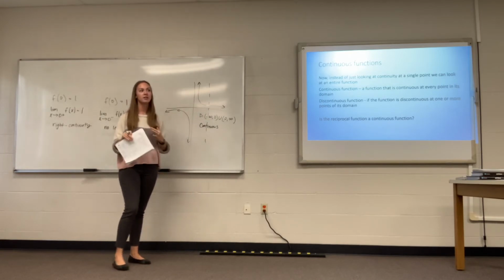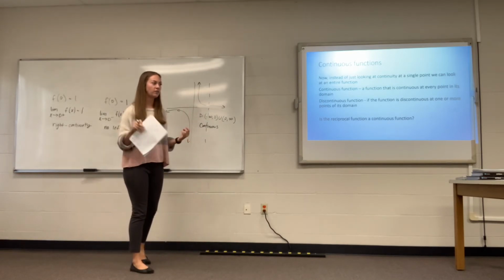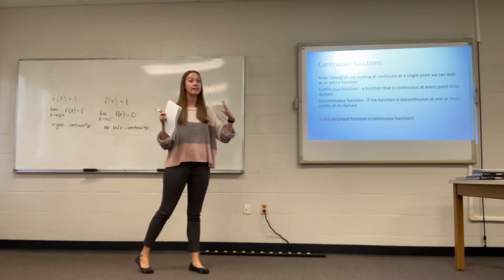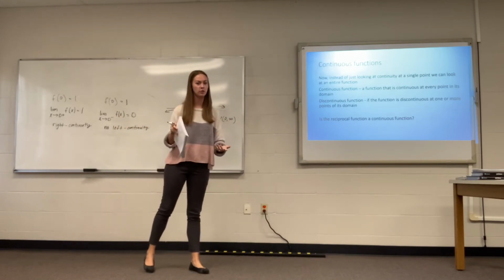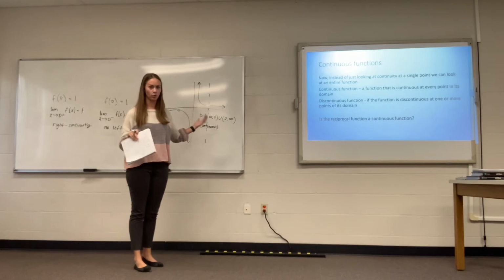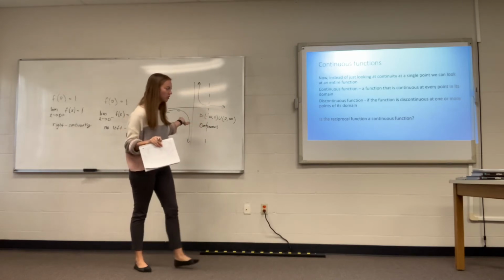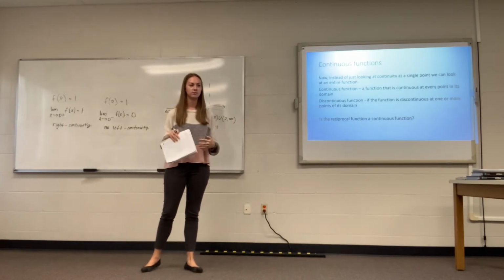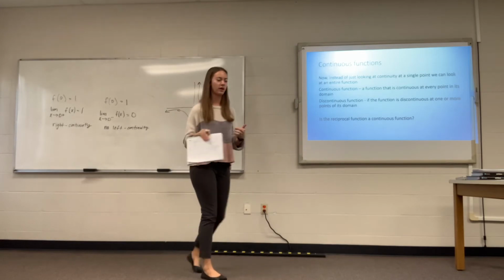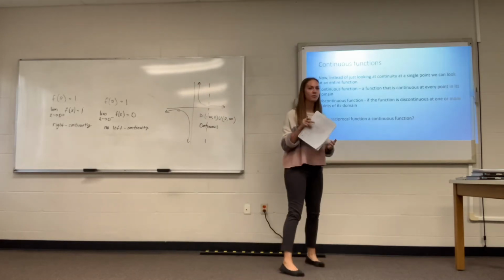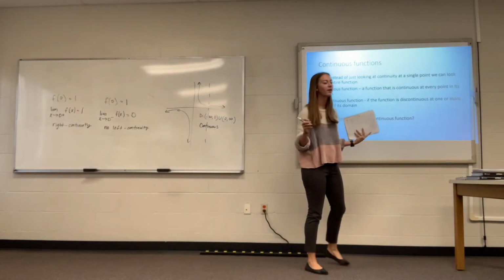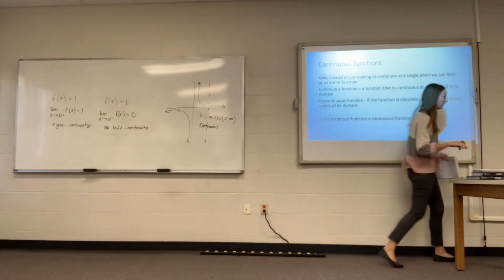So compare it to the original function, and if you added something to it, added a discontinuity, then it would be discontinuous. But if it looks just like a normal reciprocal function, then it will be continuous, okay? If you have questions on that, I can probably explain that better. Sorry, but that was bad. Let me try again.